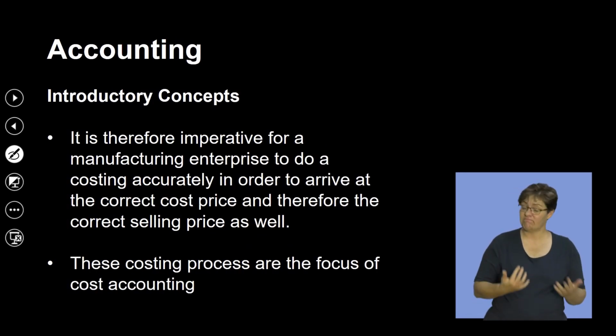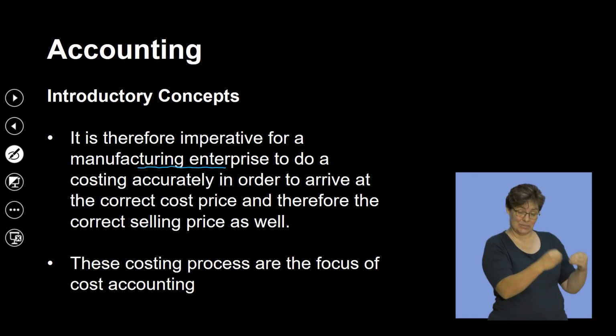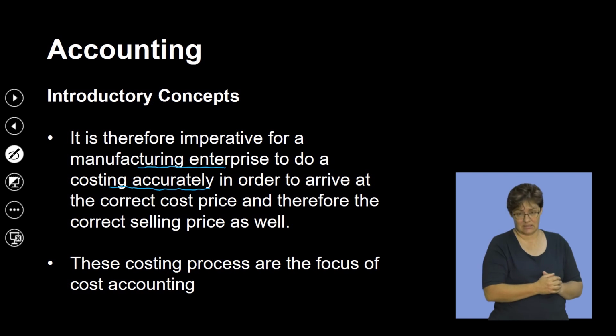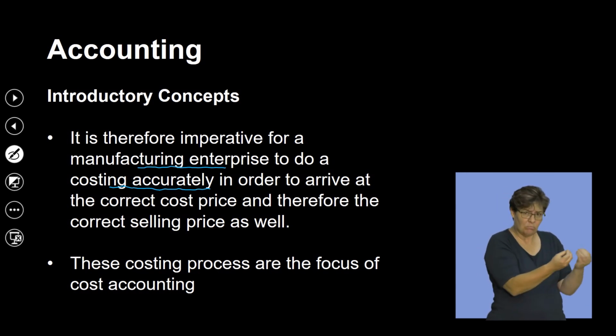So therefore, it becomes imperative, absolutely critical, for a manufacturing enterprise to do their costing accurately. In other words, they need to know exactly what costs were incurred in manufacturing that particular item in order to arrive at the correct cost price. Got that?